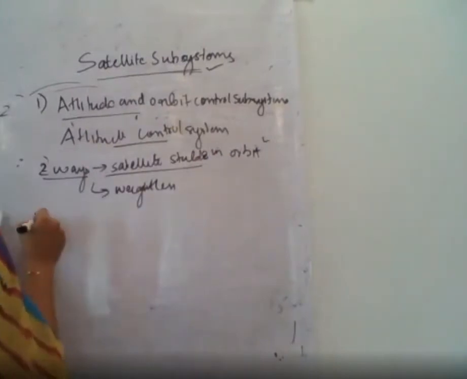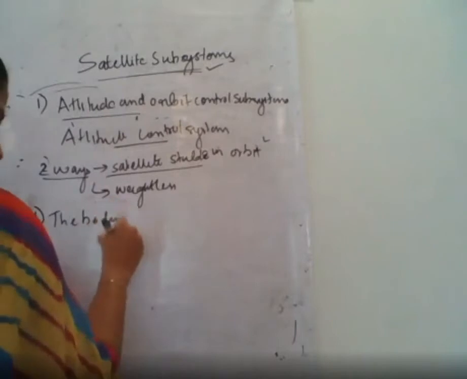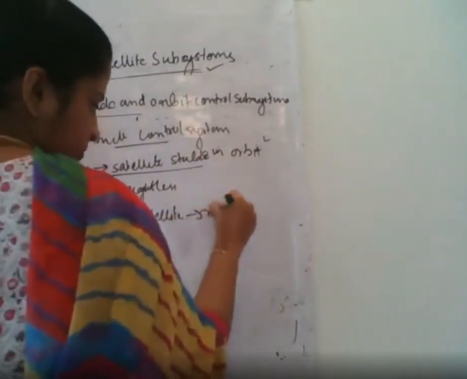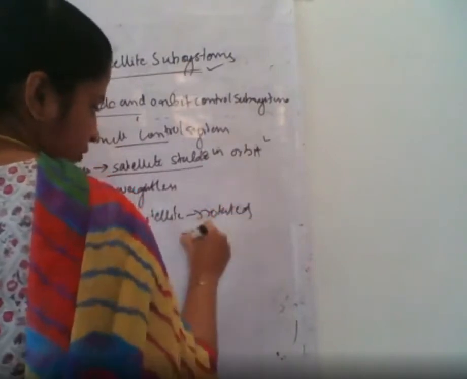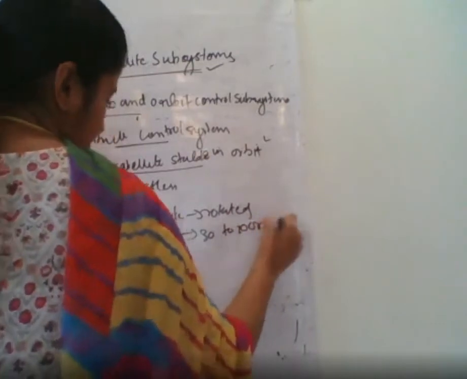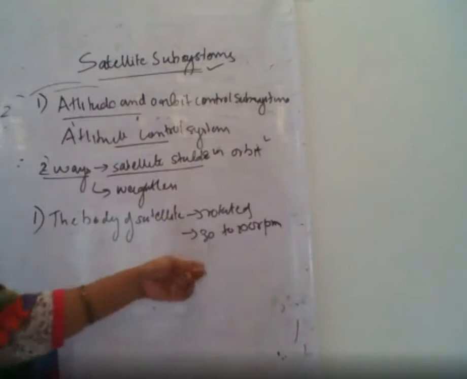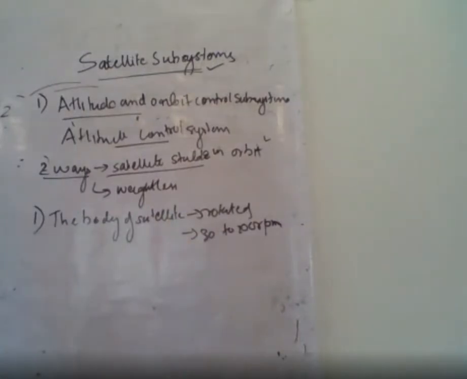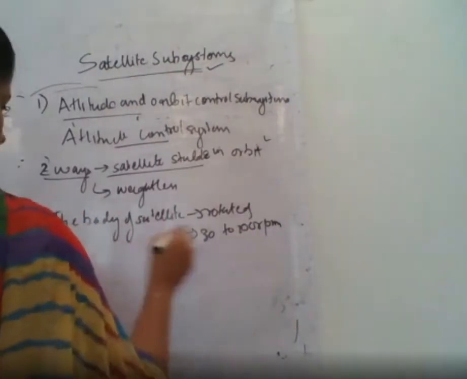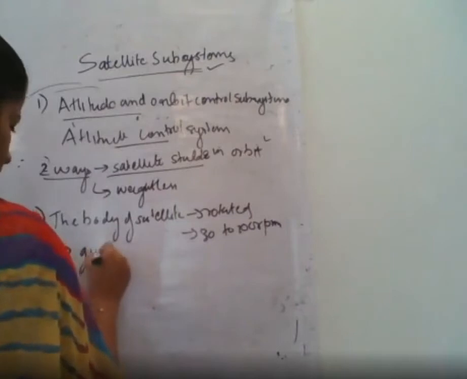The first way is that the body of the satellite is rotated at a rate of 30 to 100 rpm. By rotating the body of the satellite, it creates a gyroscopic force.